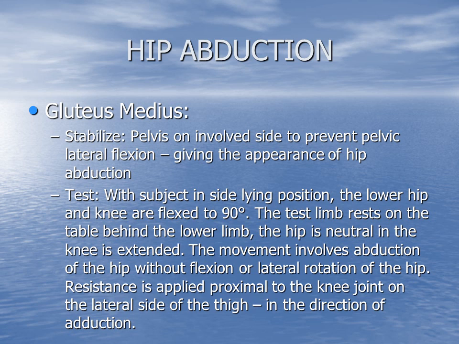The movement involves abduction of the hip without flexion and without lateral rotation of the hip. Both of those would indicate substitution movements. Then resistance is applied proximal to the knee joint on the lateral side of the thigh in the direction of adduction, which would be in the direction towards the table.